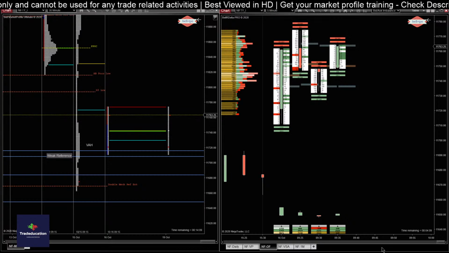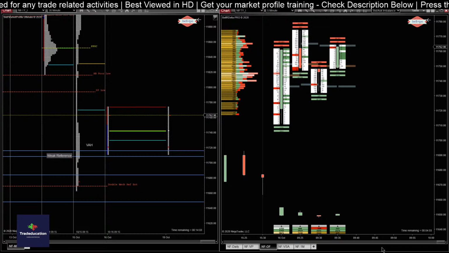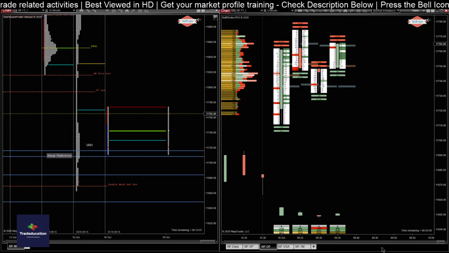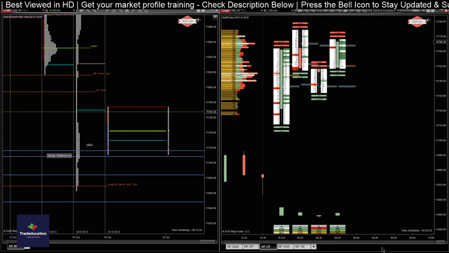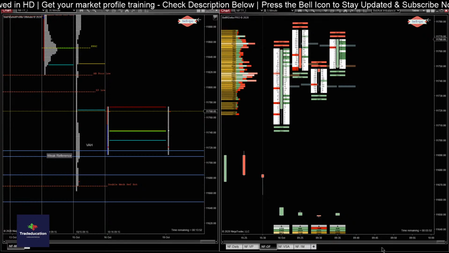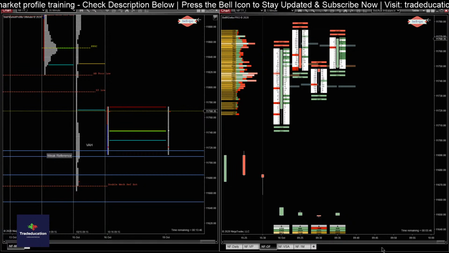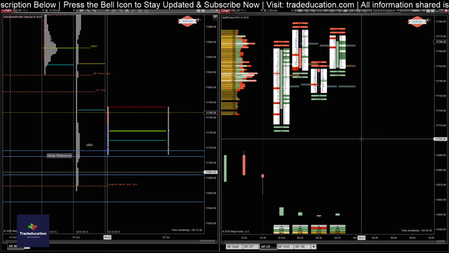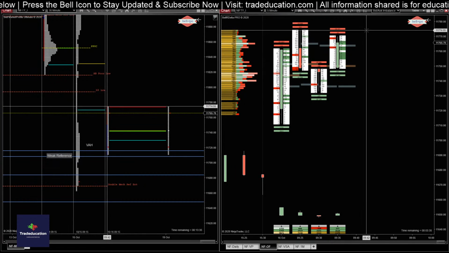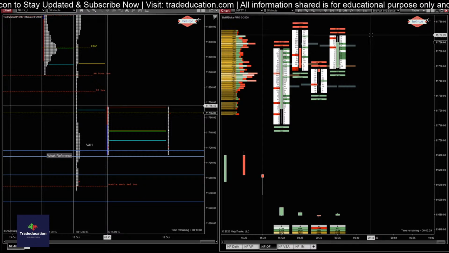So good buying flow coming in. Good buying flow happening. The high is weaker, so odds are higher that it will be getting tagged.